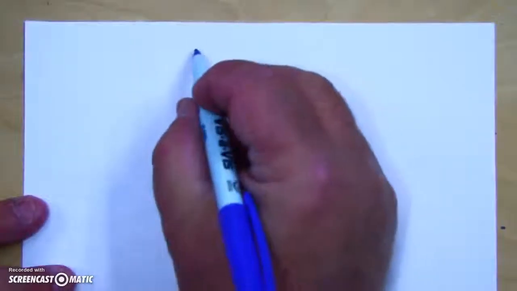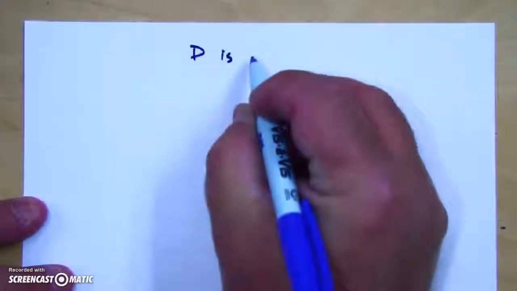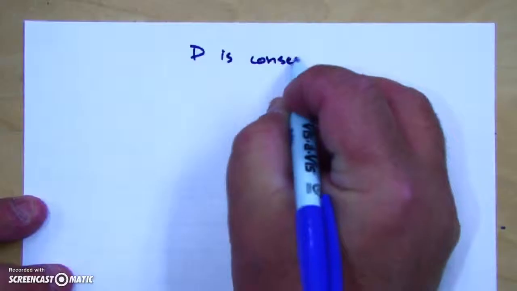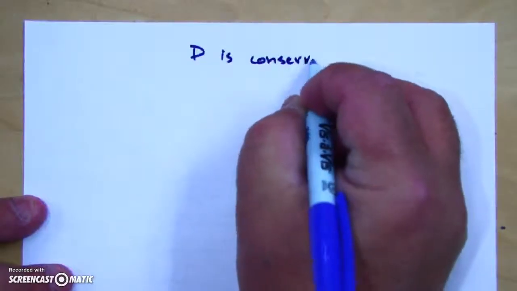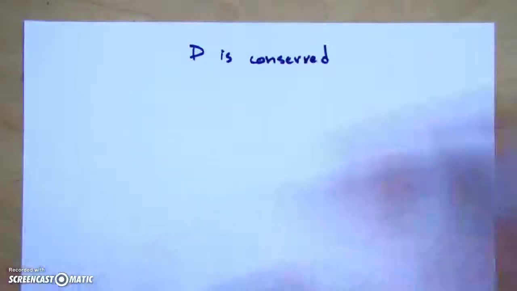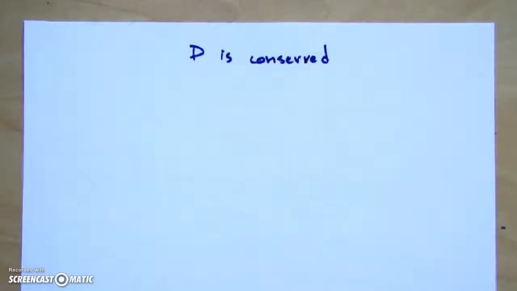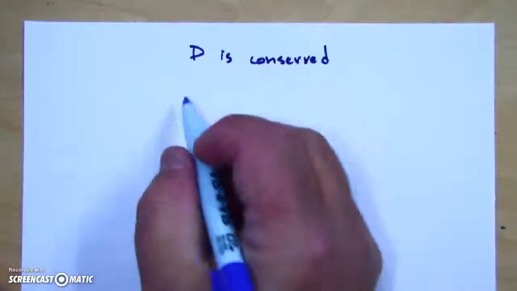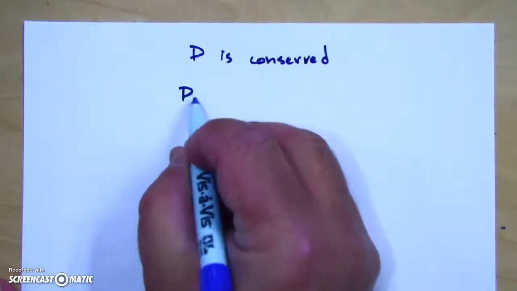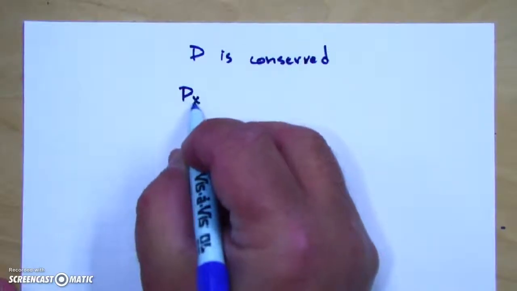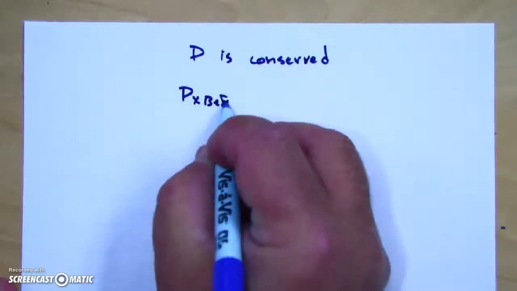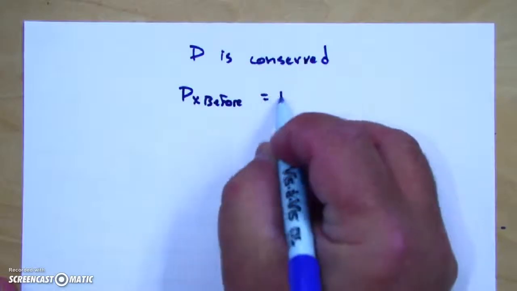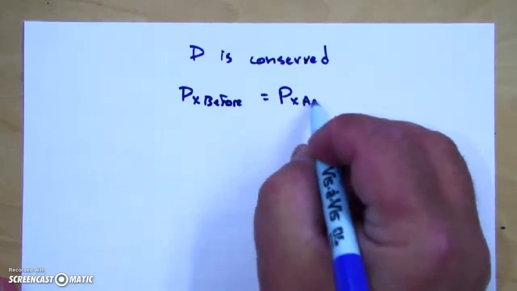Key thing to understand in 2-dimensional collisions: P is still conserved. It's conserved in 3-dimensional collisions. If I had something happening out in space where things are moving at different angles altogether, P is still going to be conserved. The key thing is I can say the Px before is equal to the Px after.